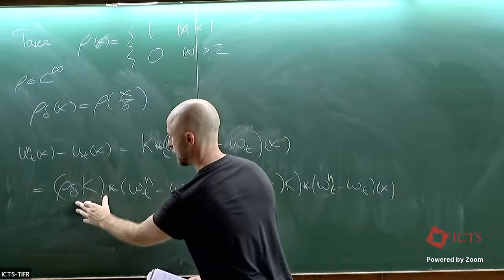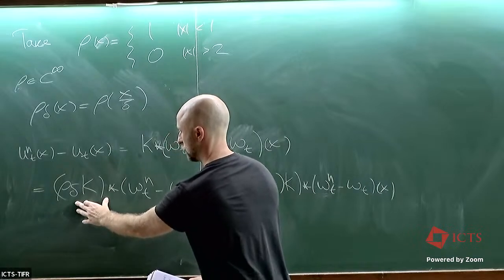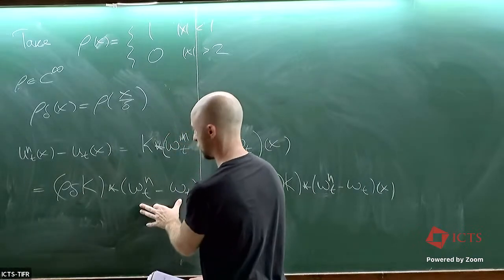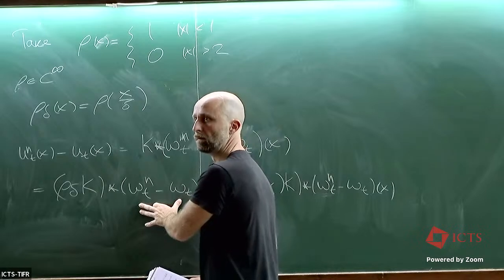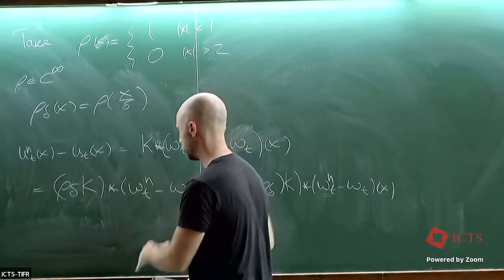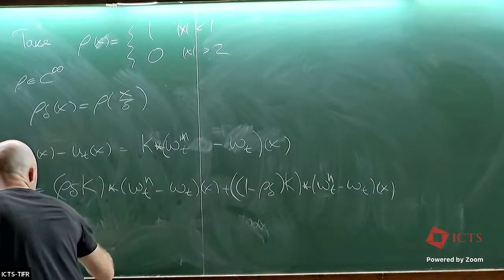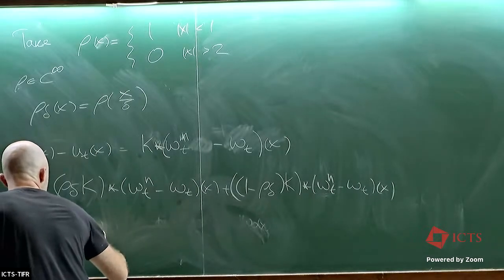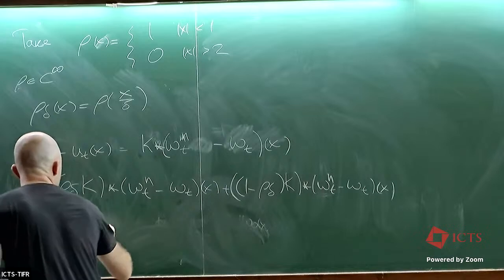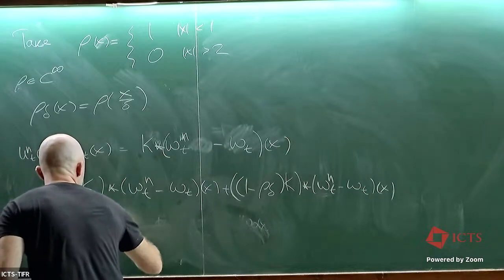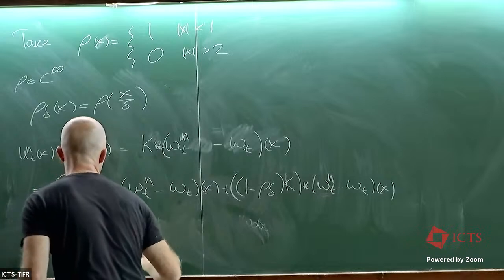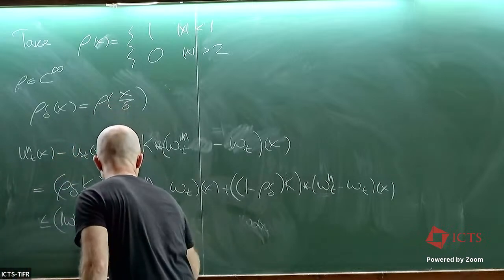So for this term, let's use the supremum norm on omega n and omega. This is bounded by the supremum norm of omega n and omega times the L1 norm of this.